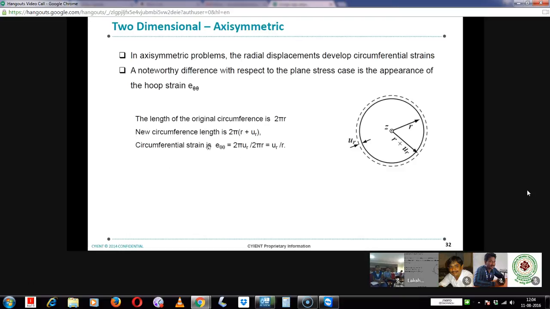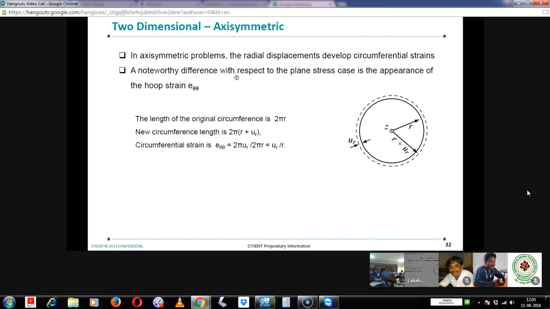The original circumferential length of the cylinder is 2 pi r, and when there is a radial growth of delta r, the new circumferential length will be 2 pi into (r plus delta r). Then the circumferential strain is the difference between these two lengths, the elongation, divided by the original length. So when there is a radial growth, we automatically get a circumferential strain.